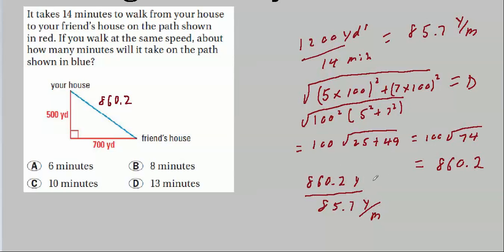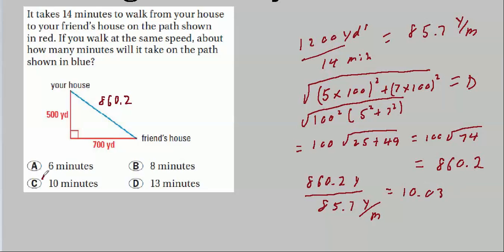We don't want the answer in yards. We want the answer in minutes. And what does this turn out to be? Well, I get 10.03 something. So 10 is pretty darn close. I don't know what 3/100ths of a minute is.